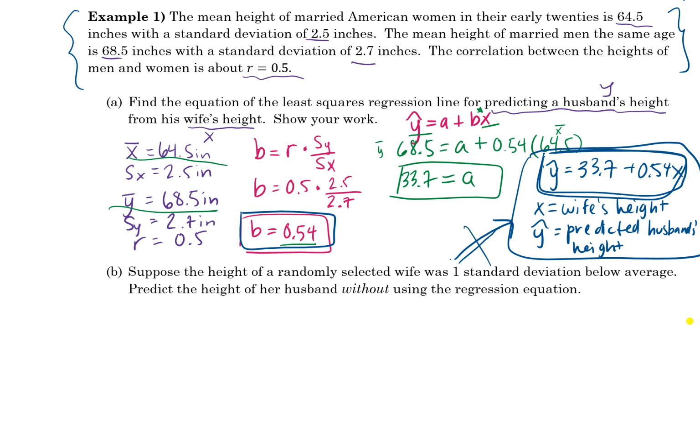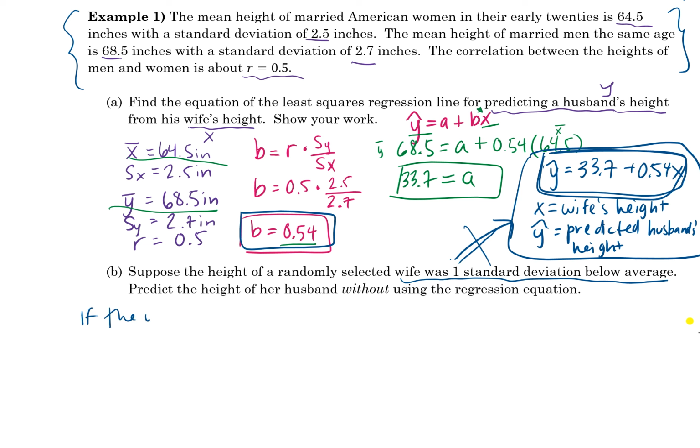Instead, you're supposed to kind of use what I told you up top about average height and average shoe size, which is if somebody has an average X, you expect them also to have an average Y. So in this case, what we're assuming, and I know there's lots of examples to the contrary, but we're assuming if the wife is 1 standard deviation below average, we're going to assume her husband is also 1 standard deviation below average. So that's sort of the idea behind this.